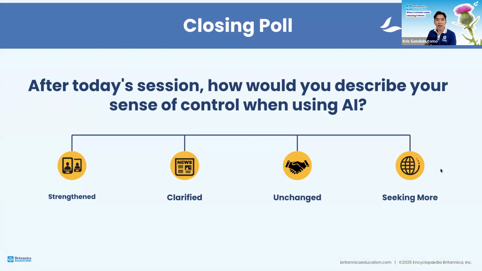After today's sessions, how would you describe your sense of control when using AI? Is it strengthened? I now have a clear workflow to maintain my professional lead. Clarified, I better understand where my judgment is irreplaceable. Unchanged, I was already confident in my ability to control the process. Or are you seeking more?